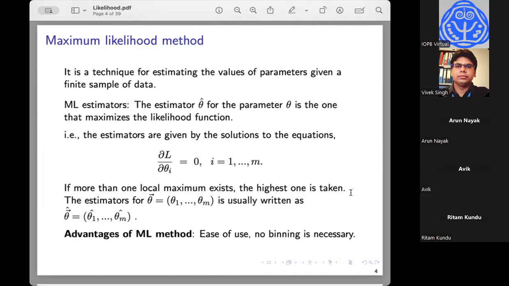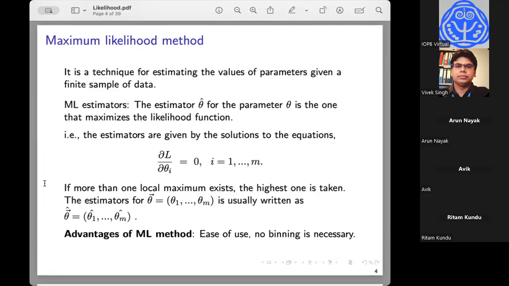So if we have a parameter theta and we consider some estimator theta hat that maximizes this likelihood, it would be called the maximum likelihood estimator. So how do we get that? What is theta hat? We simply maximize L with respect to theta, and then we solve this equation and find the form of theta hat.